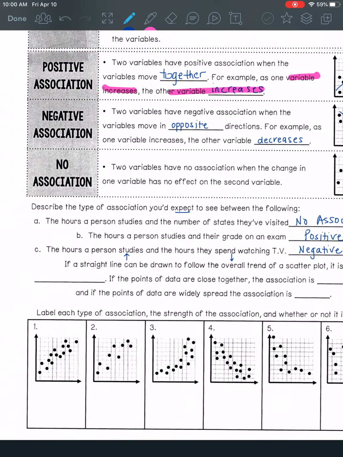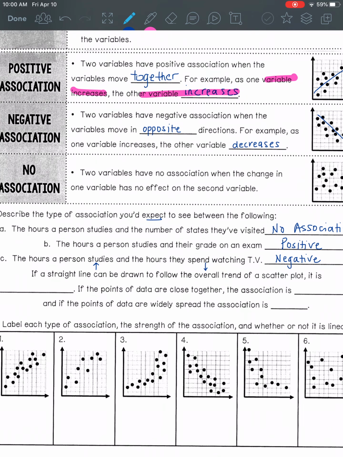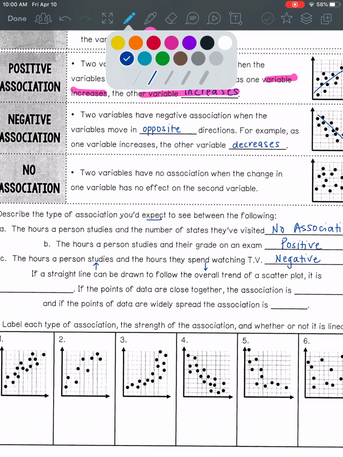Now, we can also look at, in those associations or correlations, trends: what kind of shape is being drawn? Is it a straight line or does it take a curve pattern? Are the points really close together or are the points further apart, not as great of a pattern or association?